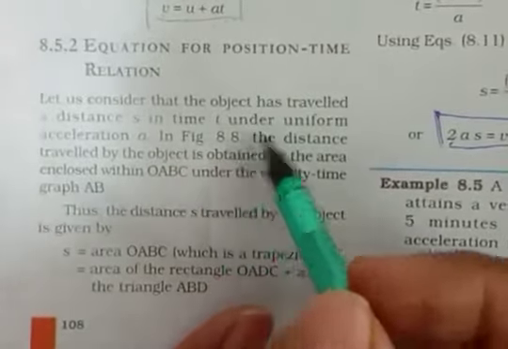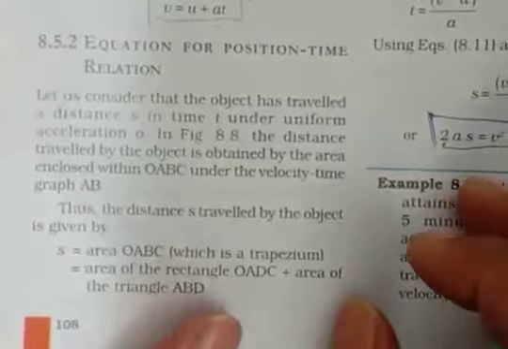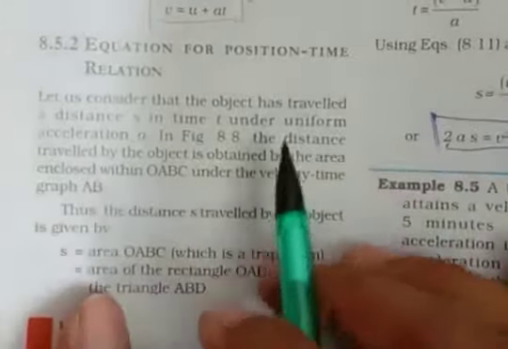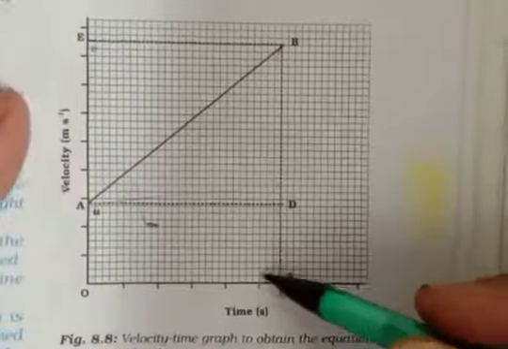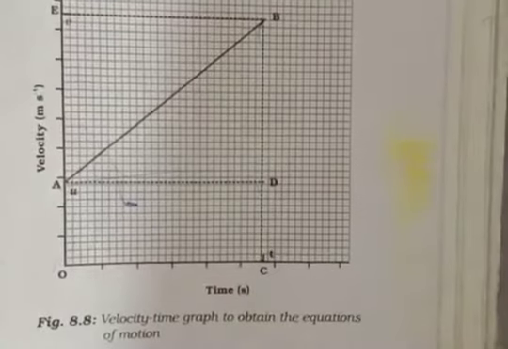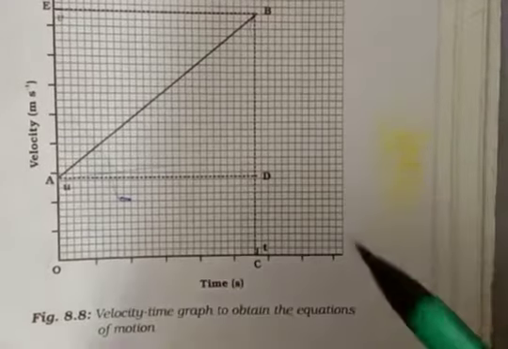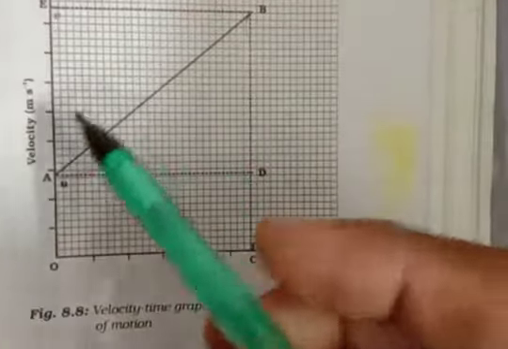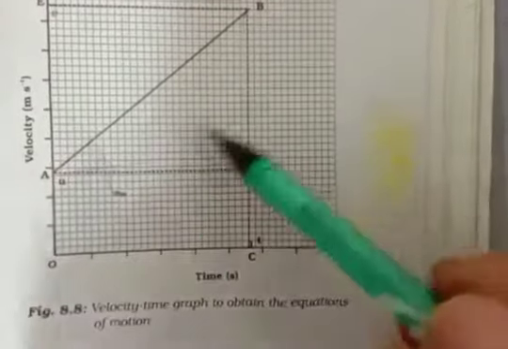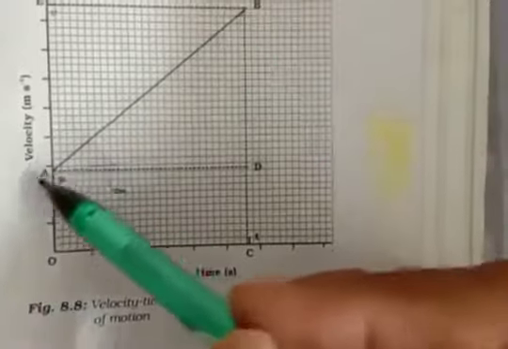Now in figure 8.8, the distance travelled by the object is obtained by the area enclosed by this figure 8.8. This is the distance which is travelled from here to here.